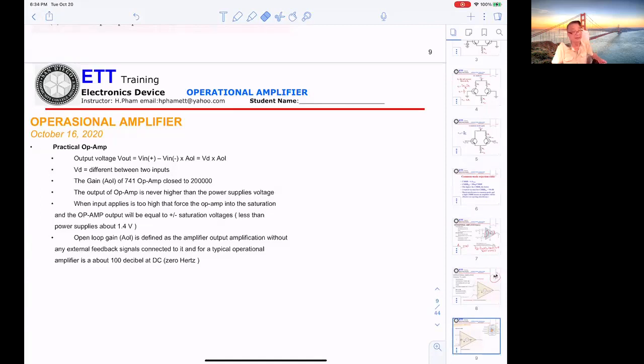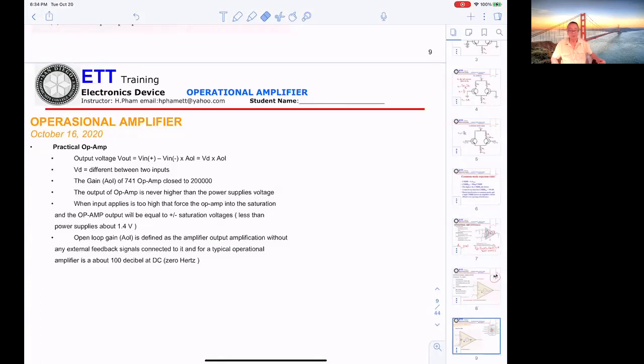If the gain equals 200,000 and I apply 1 volt, the output would be 200,000 volts. No one wants to work with an op-amp at really high voltage. That's why the output of the op-amp cannot be higher than the power supply voltage.